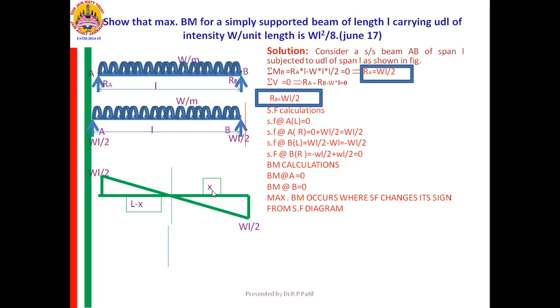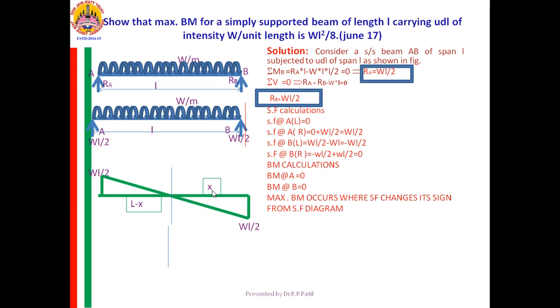Right? Now going for the BM, only 2 points are there. Wherever SF is becoming 0, there the BM is becoming maximum or minimum. Therefore, first I need to locate that point. Here directly using the similar triangle, you can do it.